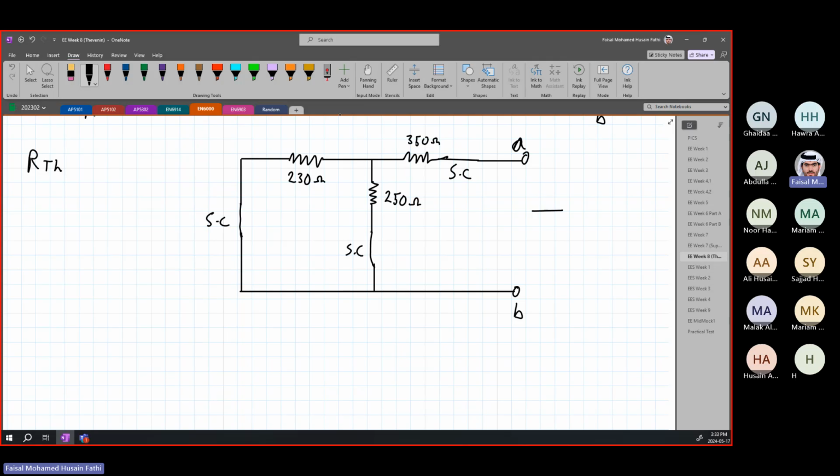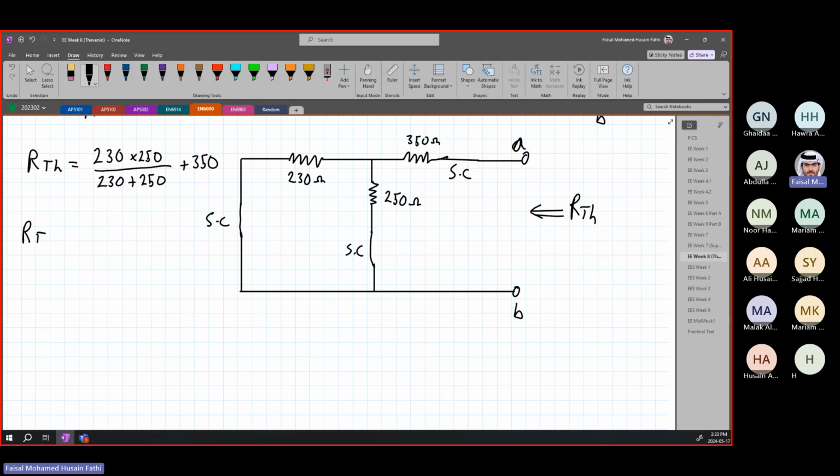Again, to find our Thevenin, we're looking at it from this direction, as if there's a voltage source here. And then, again, these two are connected in 2 points. So these are in parallel with each other, and they are in series with this resistor. So our Thevenin is 230 times 250 over 230 plus 250, plus the 350 ohm resistor.